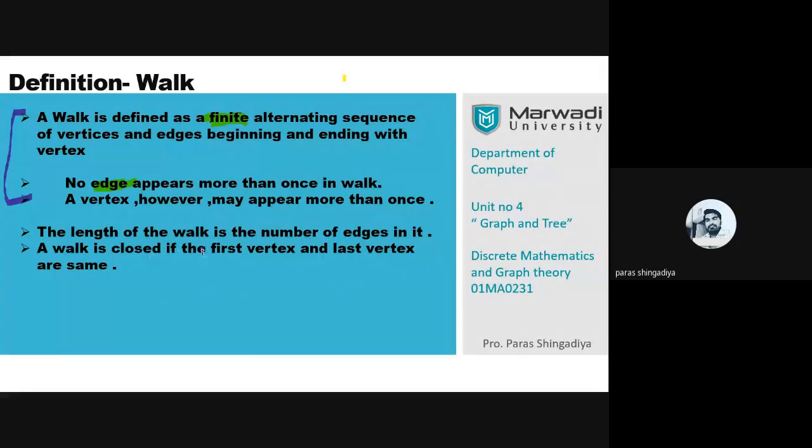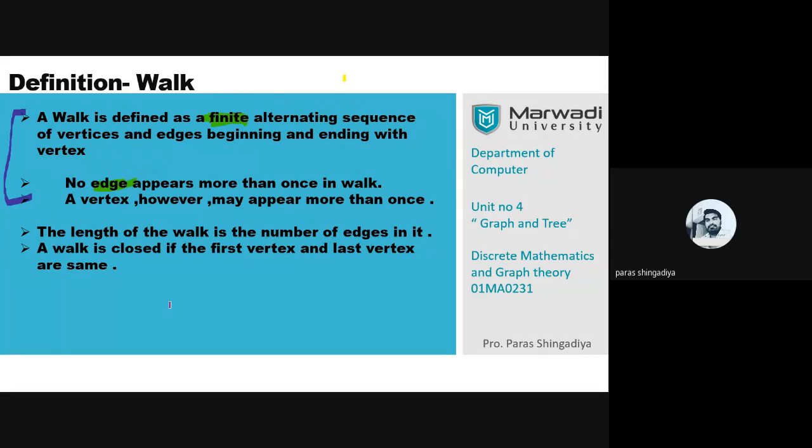A walk is closed if the first vertex and last vertex are the same. Clear? It means you have to start with vertex A and end your journey at the same vertex, the same place. Then it is called a closed walk.